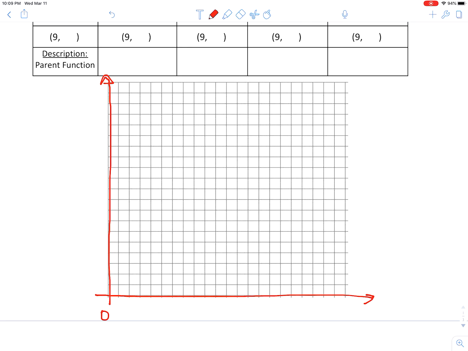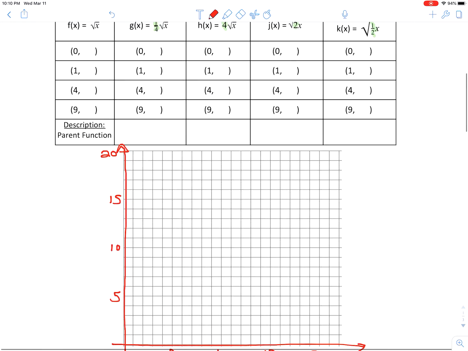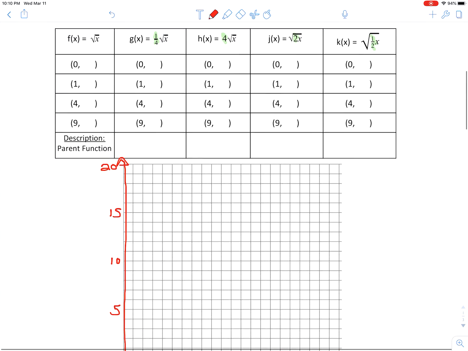I'd probably do every 5. 1, 2, 3, 4, 5, 6, 7, 8, 9, 10 on the x-axis, and 5, 10, 15, 20 on the y-axis.